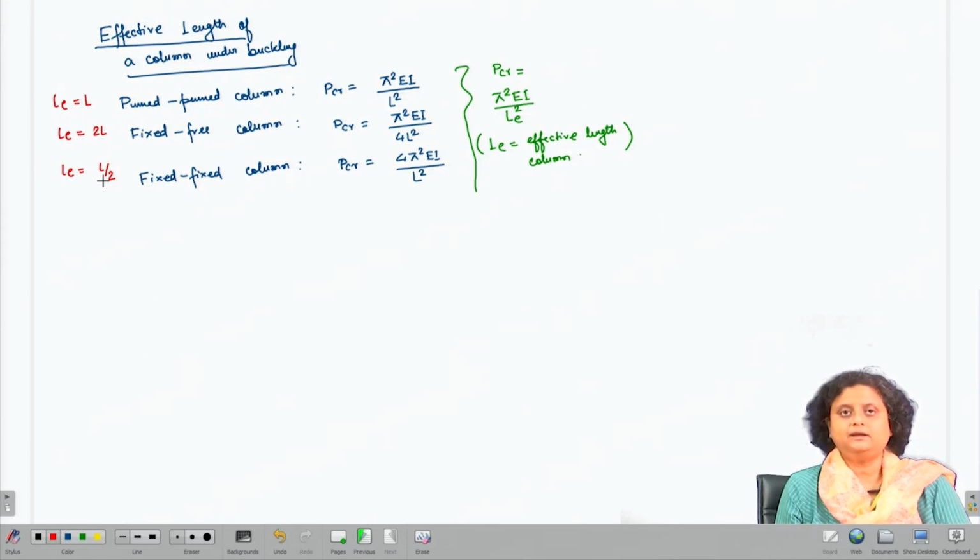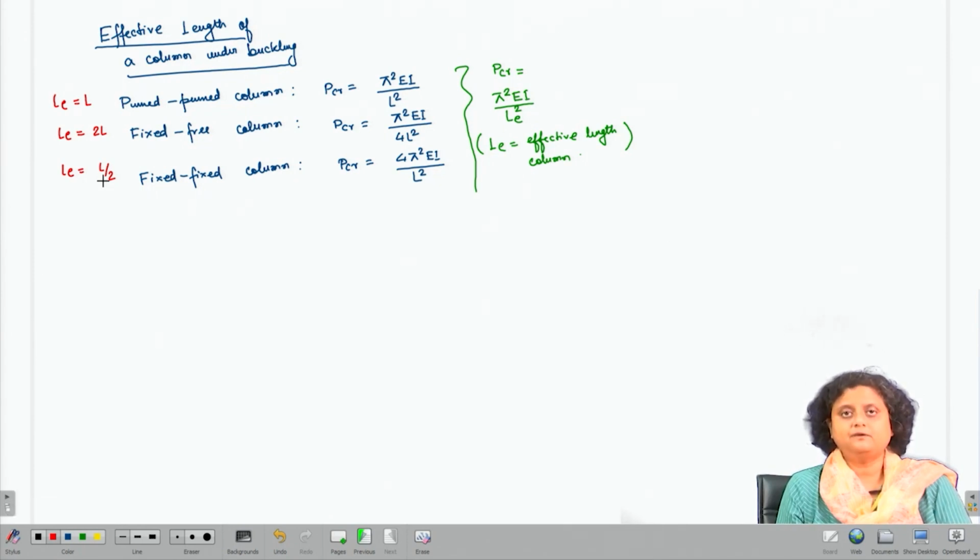As you can see, the critical buckling load of a fixed column is almost 16 times more than that of a fixed free column. Therefore, it is very important to clearly know the boundary condition of a column when we are doing buckling analysis.